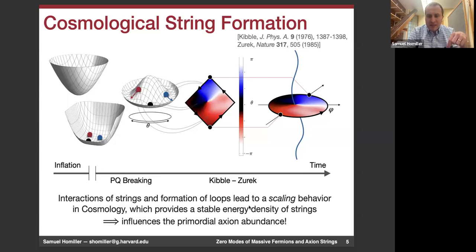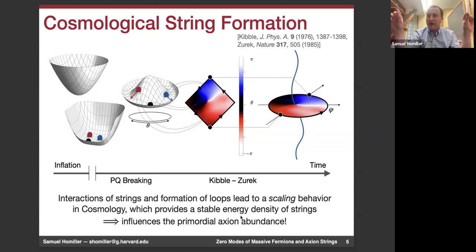But what's been understood for a long time is that the sum of all of these different nonlinear interactions leads to this interesting scaling behavior. And so while an individual string has a tension and its energy density is not going to redshift in any kind of particular way, these networks of strings, because they can form loops and collapse and cross each other, generically approach the scaling solution, where essentially, even as the universe cools, the energy density in the network of strings approaches a constant.